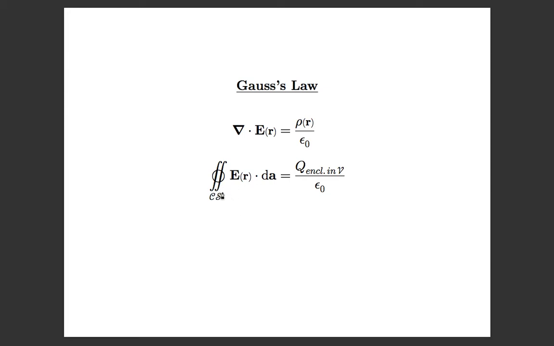At every point where that surface exists, we need to know the electric field there. And here we're talking about the total charge within this volume. So whatever charged objects might be inside that volume, we're adding them all up.